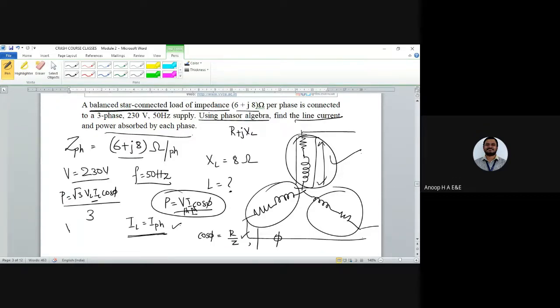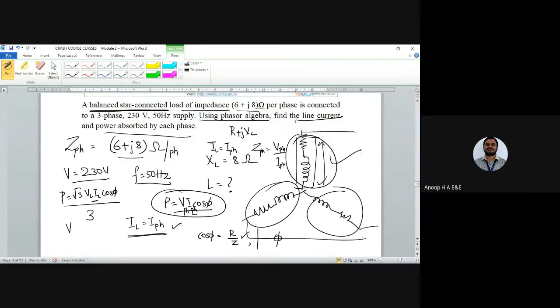So if you want to find out IL, that would be equal to IPH. ZPH will be equal to VPH divided by IPH. Okay, so Z phase will be equal to VPH divided by IPH.